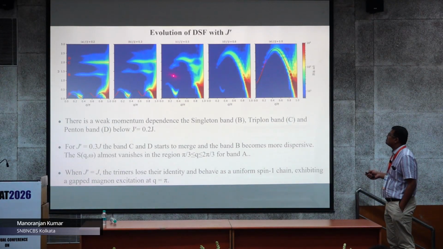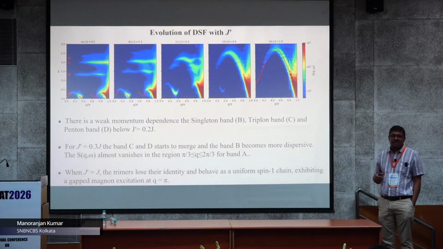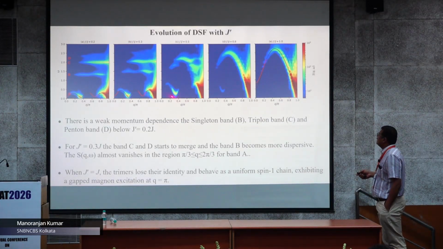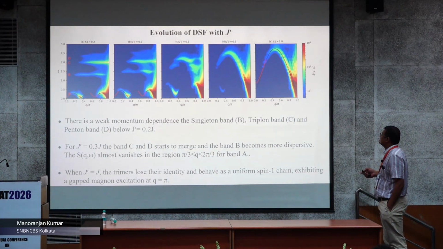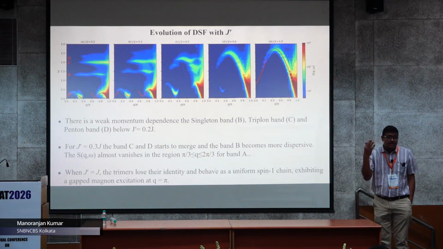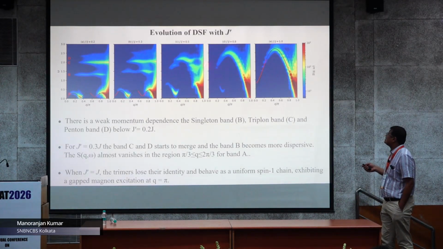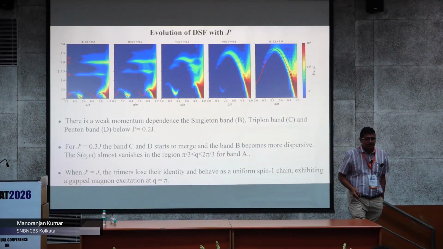By the time you're at 0.5, these two upper bands, the singleton, tripleton and penton bands, have started mixing. Okay, and this lower well-known dispersion relation is also trying to vanish slowly. But by the time you are at 0.8, you see that it started behaving as if it is a completely mixed system and behaving as if it's a full spin chain. And then finally you are at spin 1.